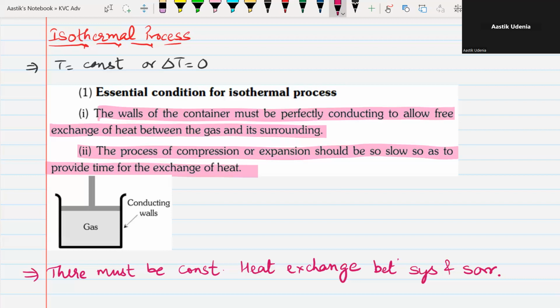Do we understand this? Yes, sir. So if someone says the process is extremely slow happening in conducting walls, that is a hint that this process is going to be isothermal. Do we understand this? Yes, sir.